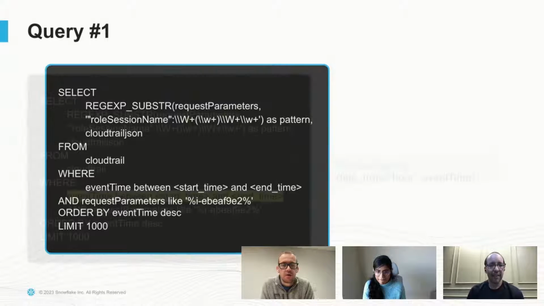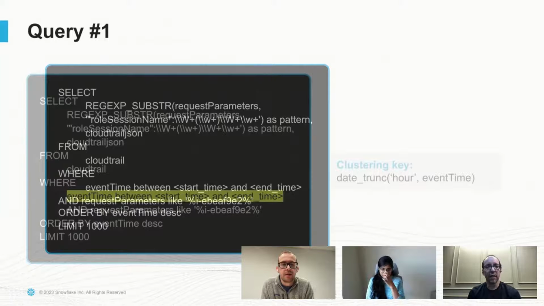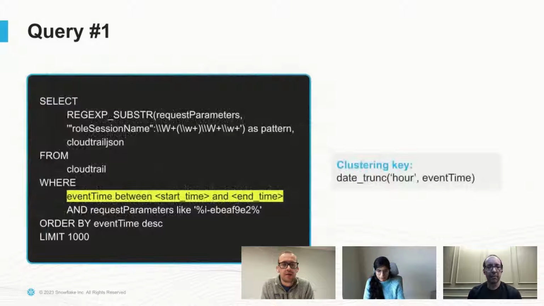Yeah, so clustering is something that is likely to optimize lots of different queries that use a common column, either in the where clause or joins, or perhaps even order by or aggregations. In this case, time is a really good candidate because it's used as a filter in this query. So if we cluster the data by time, we can improve pruning that way.